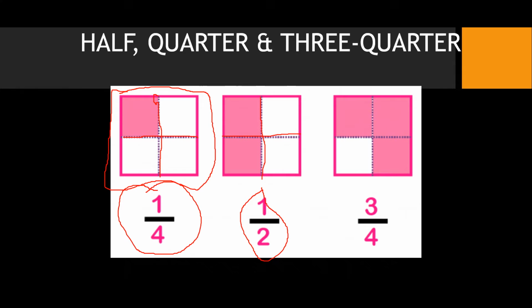Imagine your mom is cutting a square-shaped cake. She cuts the cake into 4 parts. After that, she gives you 2 parts. It's actually 1 over 2, because try to join the 4 parts of the cake back to its original position, then take these two parts.